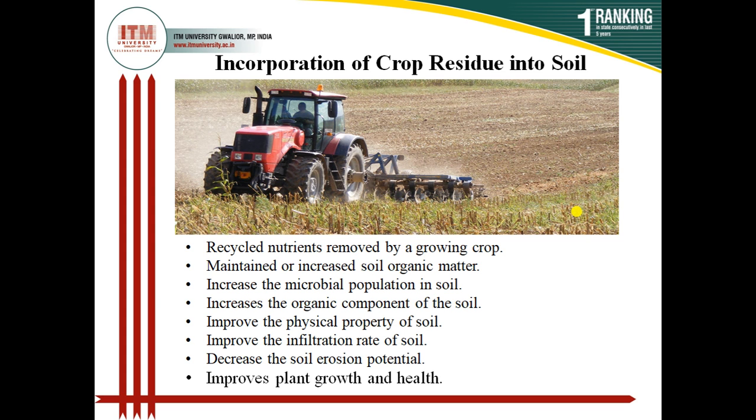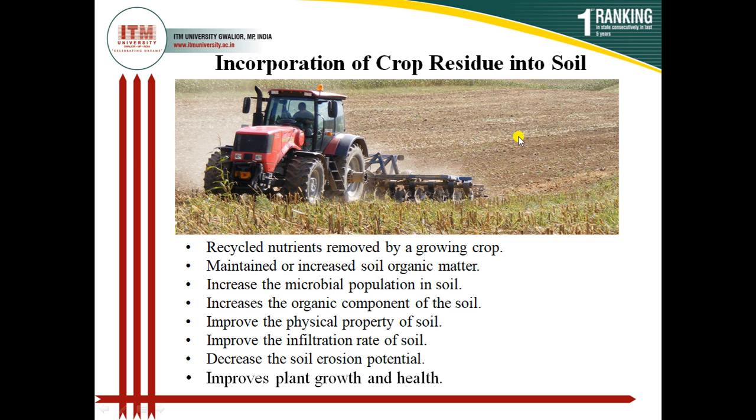Machinery operated by tractors is required if the field is big, because the soil is to be turned up and down. This implement will turn the soil up and down, and this will help the incorporation of the residue into the soil.